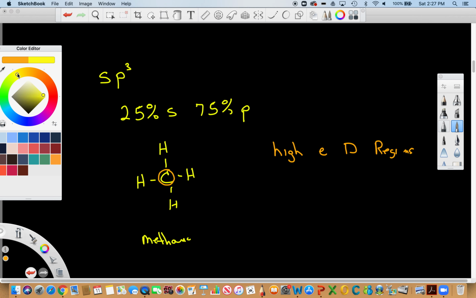And the answer is 4. All single bonds. That is tetrahedral. Bond angle is roughly 109.5 degrees, and its hybridization is sp3. And there are others, but mainly for carbon, this is what we're interested in.